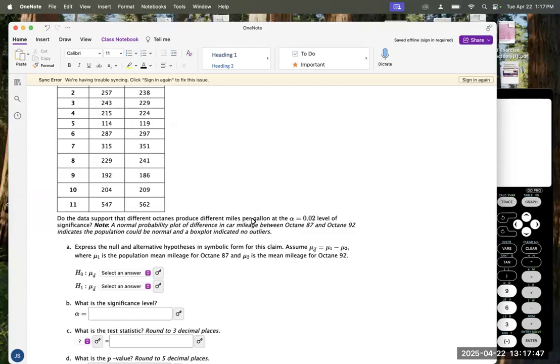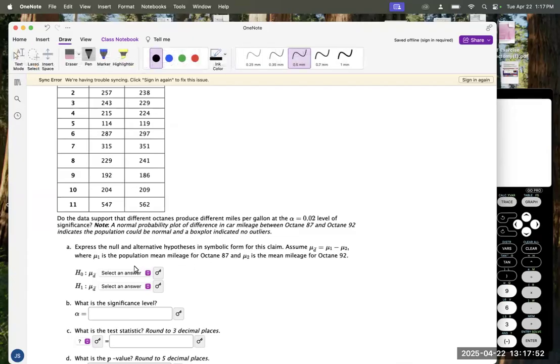So we're looking for the keywords greater than, less than, or has changed, right? So I'm focused on this sentence right here. Do the data support different octanes produce different miles? They don't say more miles, but they say different miles.